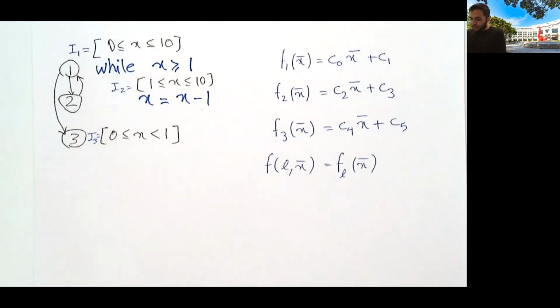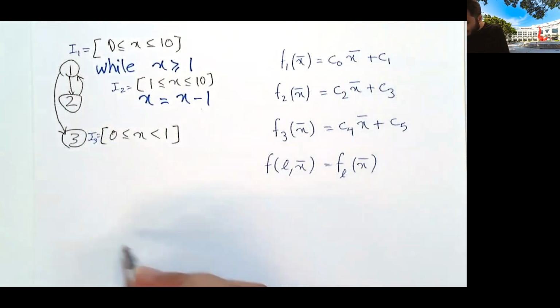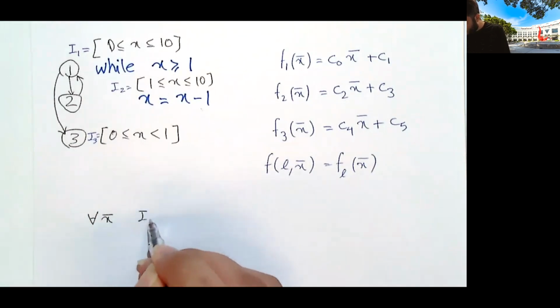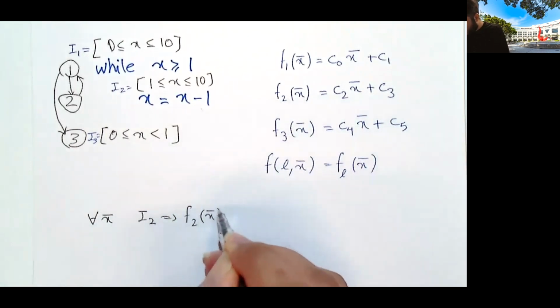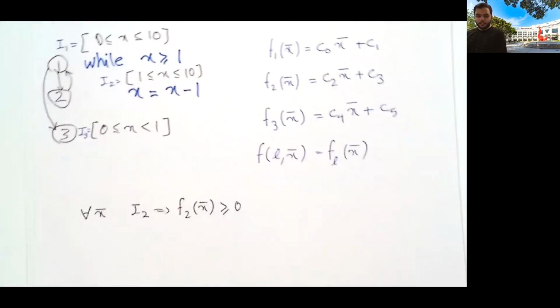So if I want to write the non-negativity, let's say at line 2, this means that for every value of x, if the invariant at line 2 holds, then I should have f2 be greater than or equal to 0, right?